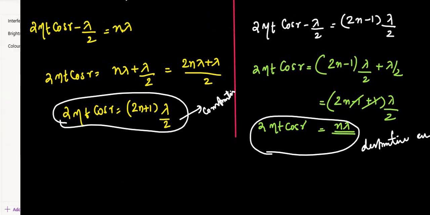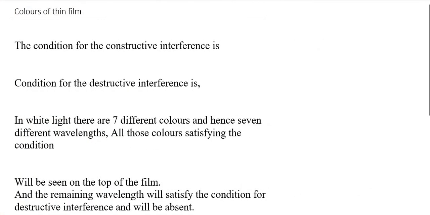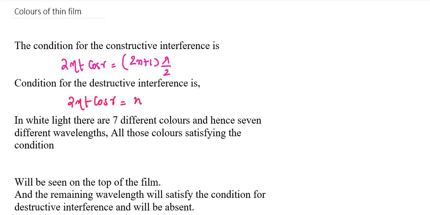Now we can simply explain the color formation. The condition for constructive interference is 2 mu t cos r equal to 2n plus 1 lambda by 2, and the condition for destructive interference is 2 mu t cos r equal to n lambda.